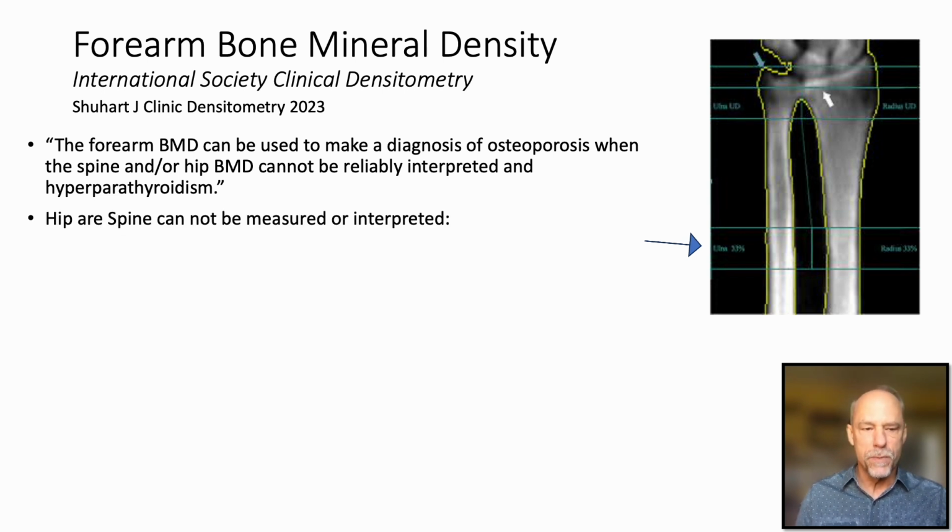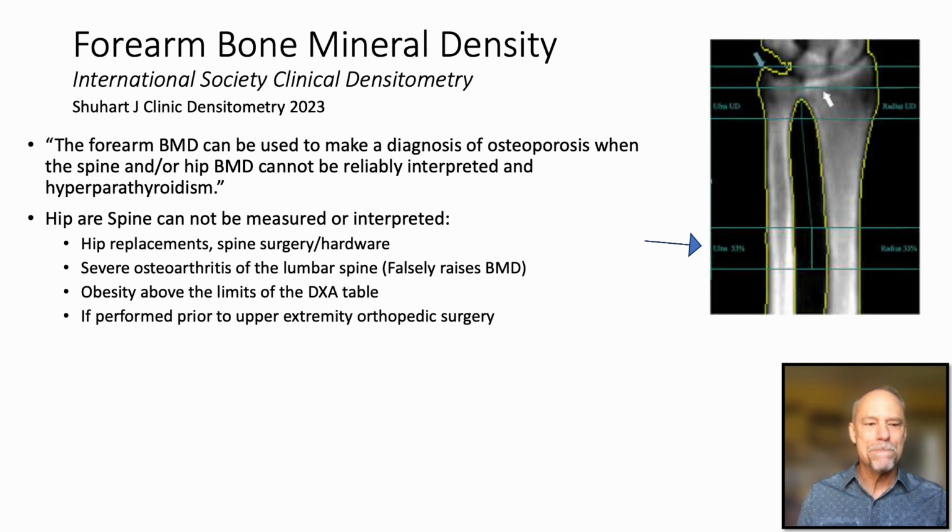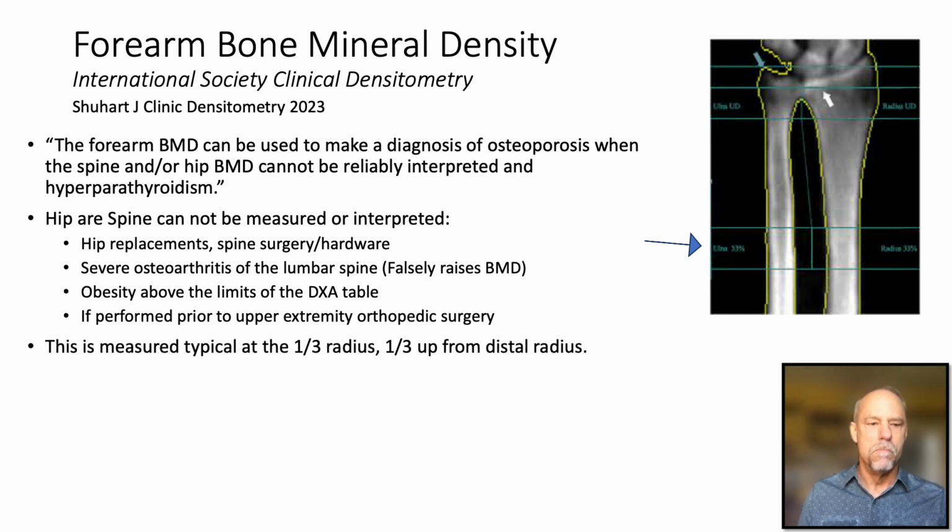The hip or spine may not be measured reliably in the following circumstances: if there are hip replacements, or if there's spine surgery with hardware, if there's severe osteoporosis in the spine, which can falsely raise the BMD, or if obesity is above the limits of the DEXA table, then we'll use the forearm BMD. It is also used if performed prior to upper extremity orthopedic surgery, so they're going to have surgery on their arm, we want to make sure that they've got good bone density in their arm.